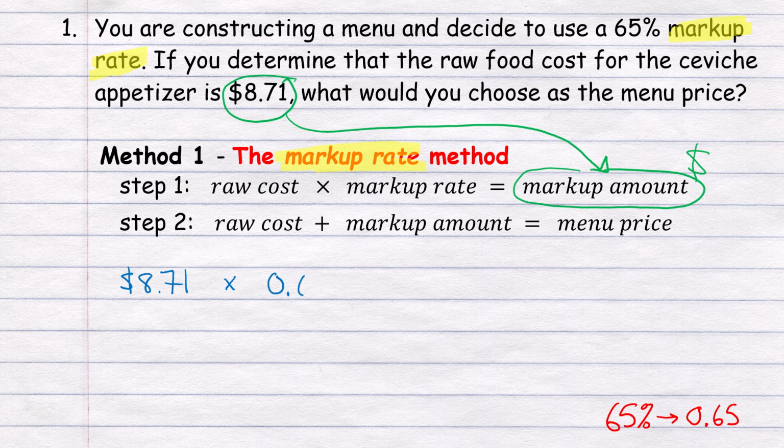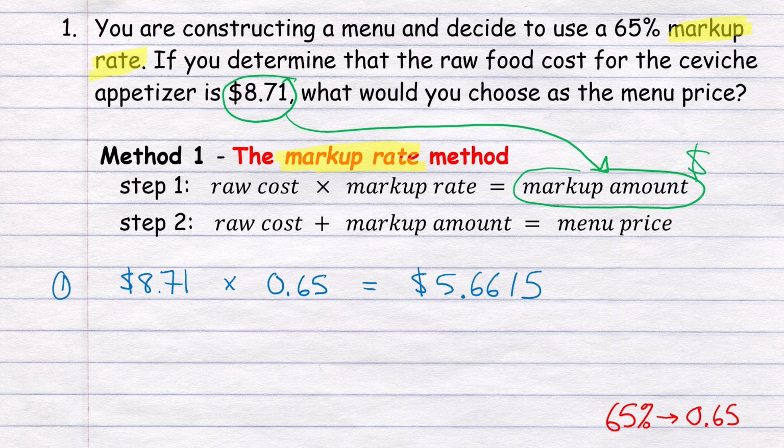Multiply by 0.65. I'm going to use a few extra decimal places, since I only want to round to the nearest penny in my final answer. So your calculator will give you something like 5.6615.